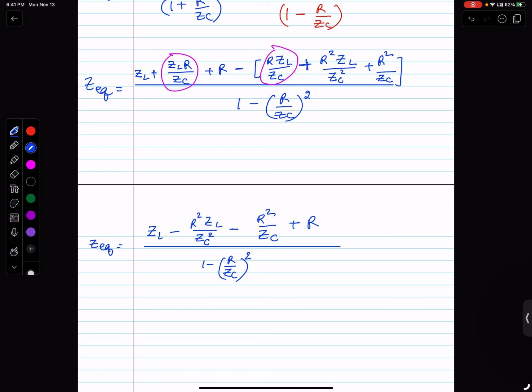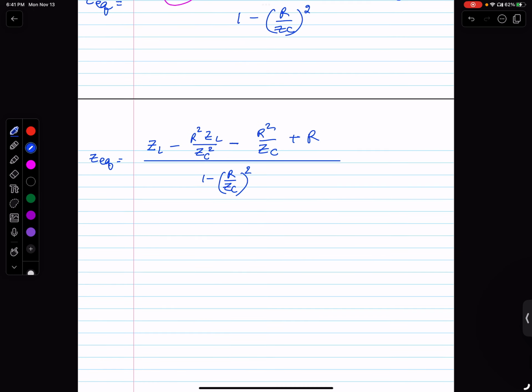The circuit will appear. So if you think about it, there is this numerator term, there is this denominator term.